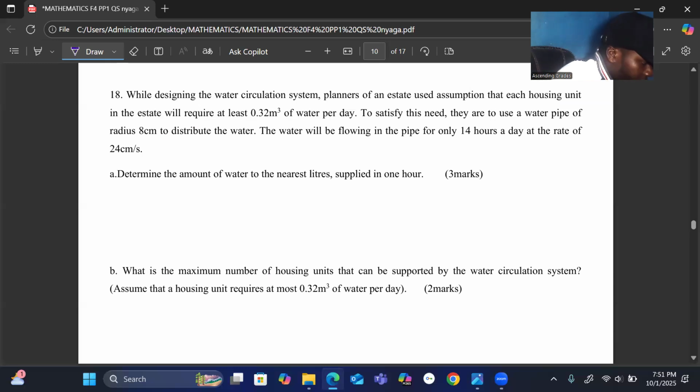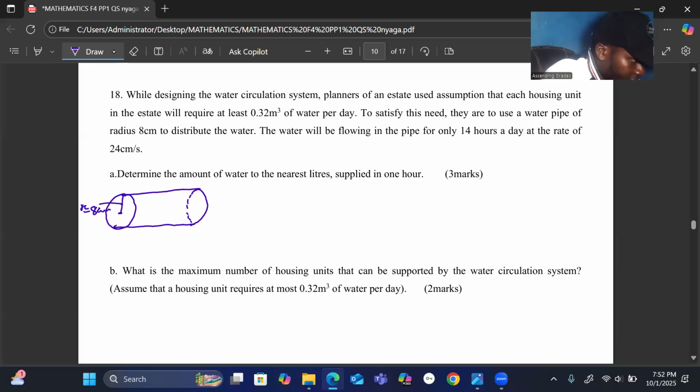So you can illustrate the pipe, how it looks like. This is how the pipe looks like. So the radius is equal to 8 centimeters.